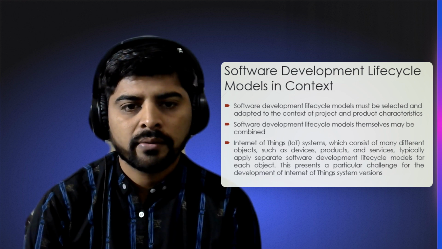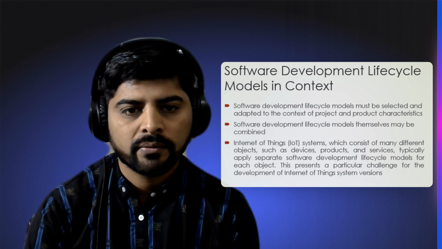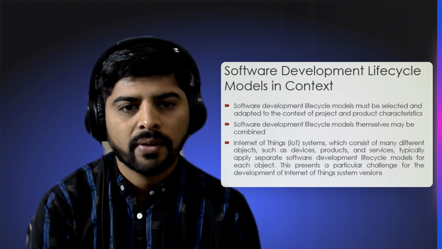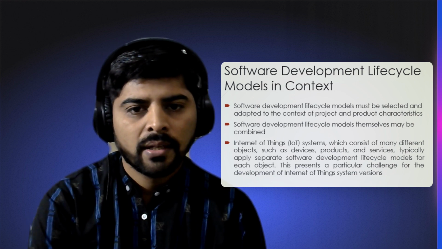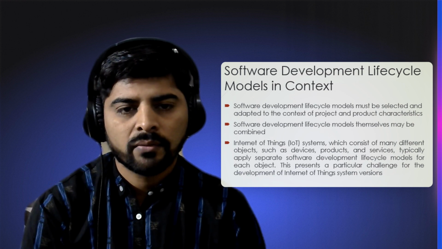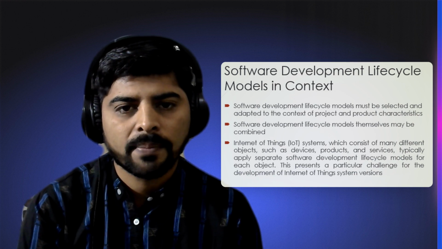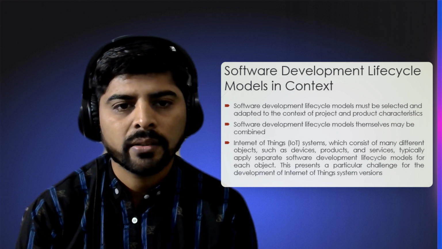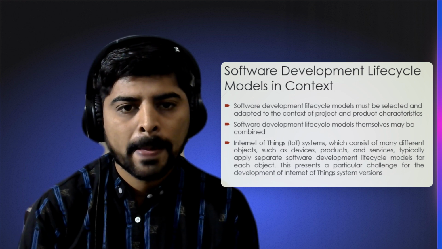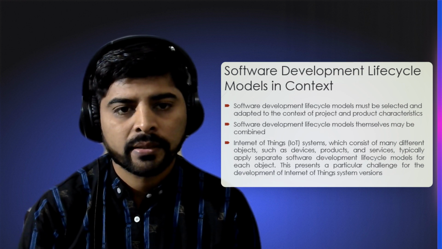In this case it is very challenging for any particular model. So for each phase we can follow a different model, and if required we can combine models and make our custom model. It depends on the project and product characteristics.